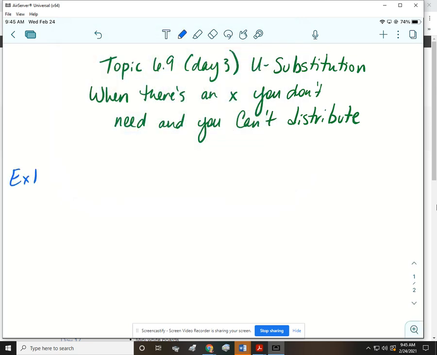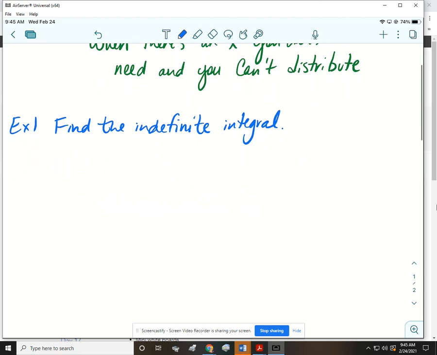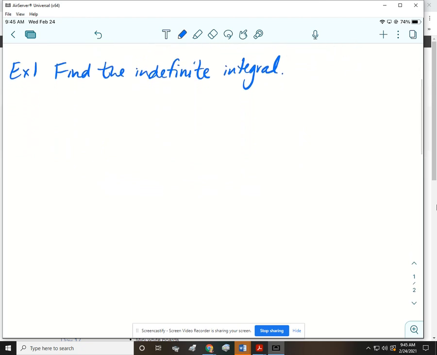So for example 1, we're going to find the indefinite integral. Right, and our integral is the integral of x square root of 2x minus 1 dx.